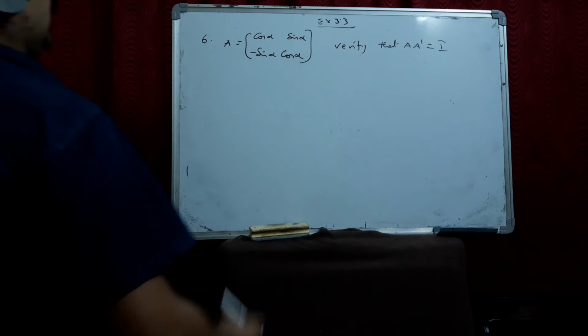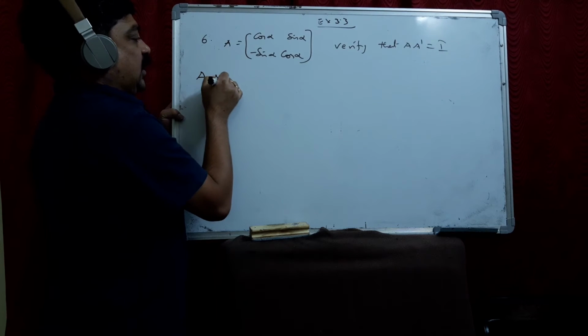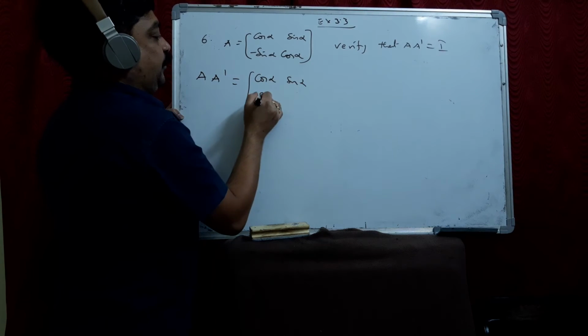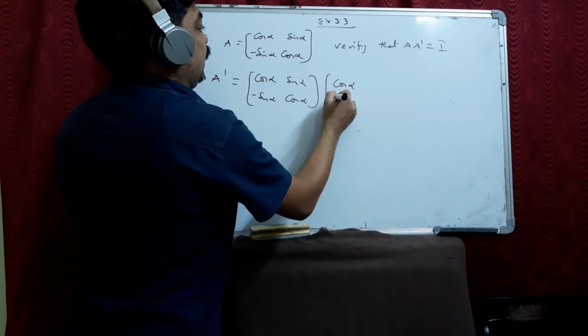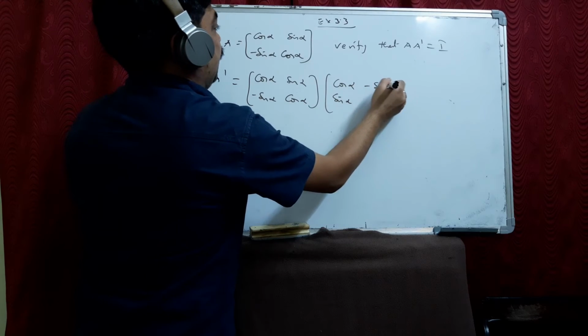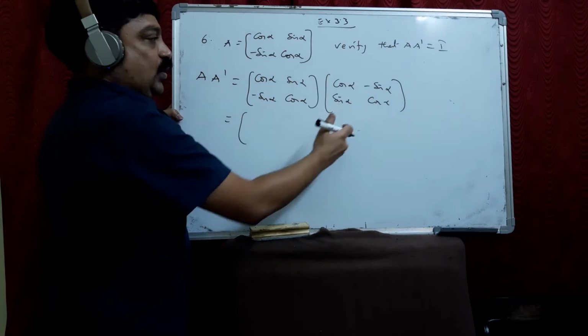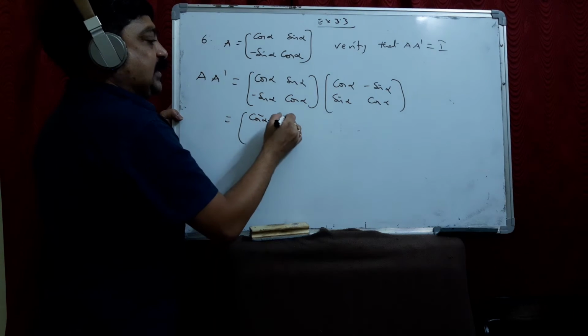Okay, look here. You are given a matrix A here and you are asked to check A into A transpose. Okay, let us start. A is this: cos alpha, sin alpha, minus sin alpha, cos alpha, and transpose of this: cos alpha, minus sin alpha, sin alpha, cos alpha. Let us multiply this. Row into column. Cos into cos: cos square alpha plus sin square alpha.